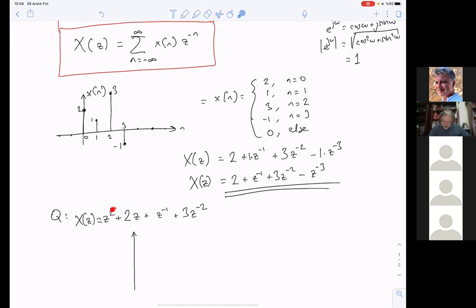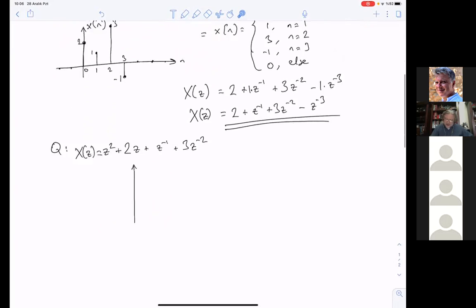So at n is equal to -2, its coefficient is 1 here. At n is equal to -1, z to the minus of -1 is z. The coefficient is 2. And the others are at positive n's. This 1 is at n is equal to 1. This 3 is at n is equal to 2.